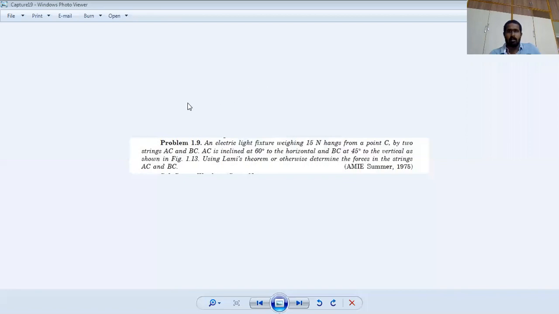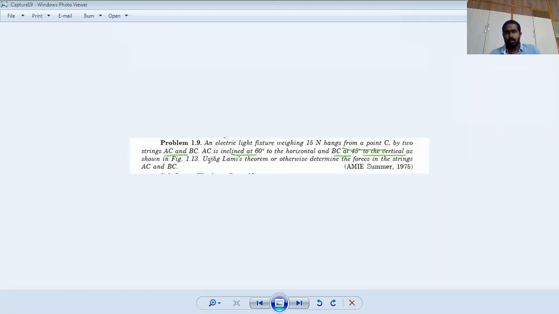Please read the problem. An electric light fixture weighing 15 newtons hangs from a point C by two strings AC and BC. AC is inclined at 60 degrees to the horizontal and BC is at 45 degrees to the vertical as shown in the figure.